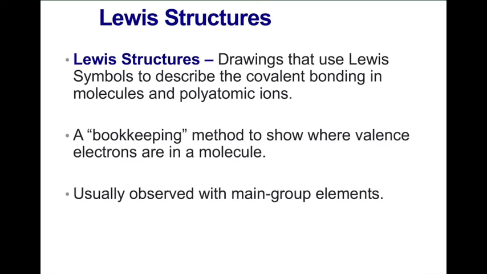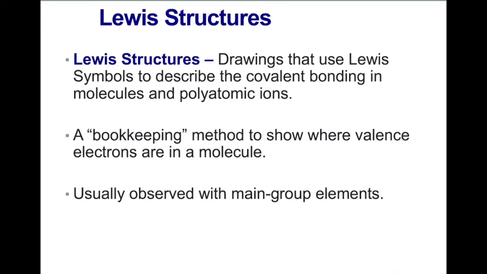All right, so in order to understand the structure of molecules, we need to start out with this idea of Lewis structures. This is essentially a bookkeeping method. We are looking at the valence electrons on all the atoms that are involved, and seeing where they are.